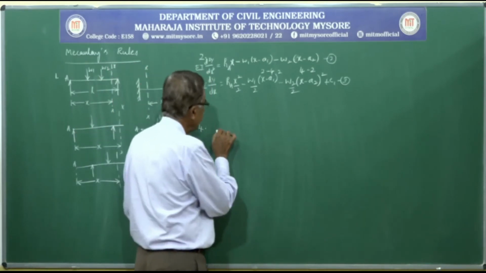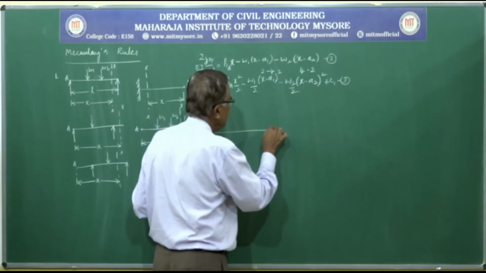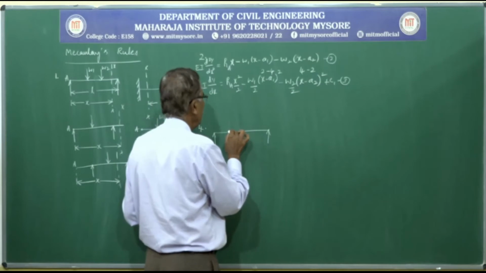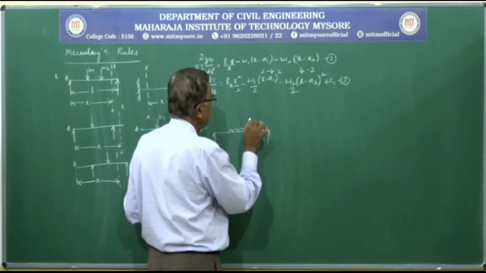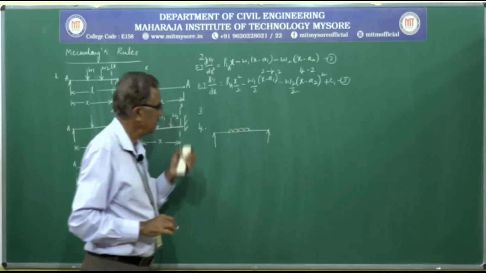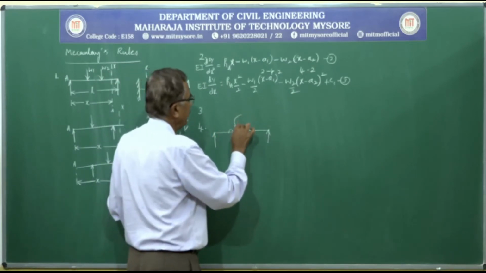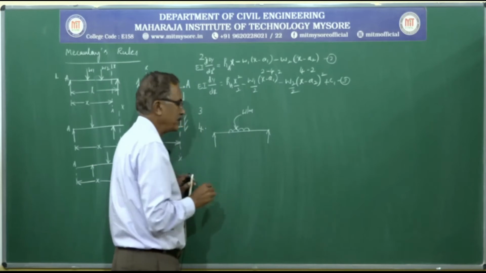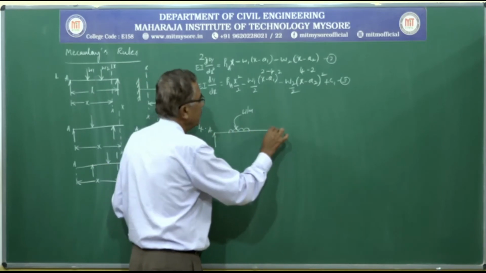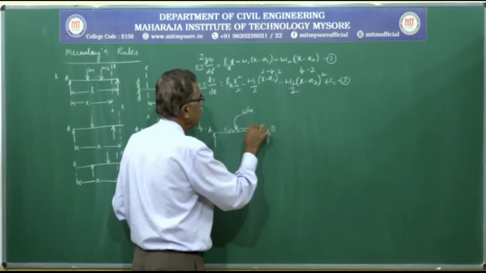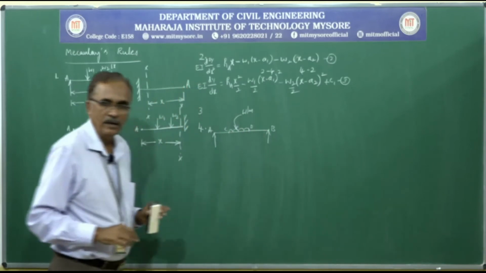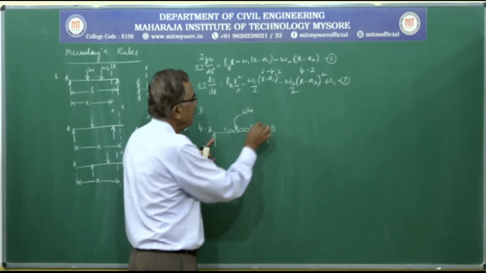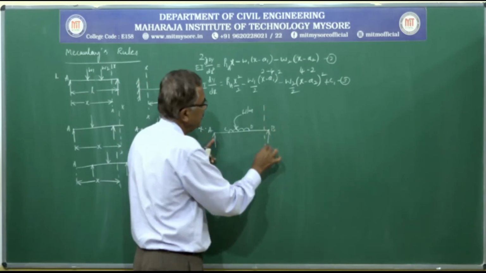The meaning of this is, say for example, if you consider a simply supported beam subjected to a uniformly distributed load of W per meter length. We can easily identify the segments here, A, B, C, D. There are 3 segments. As per Macaulay's, we select the extreme left hand side as the origin and we select the section in the last segment.